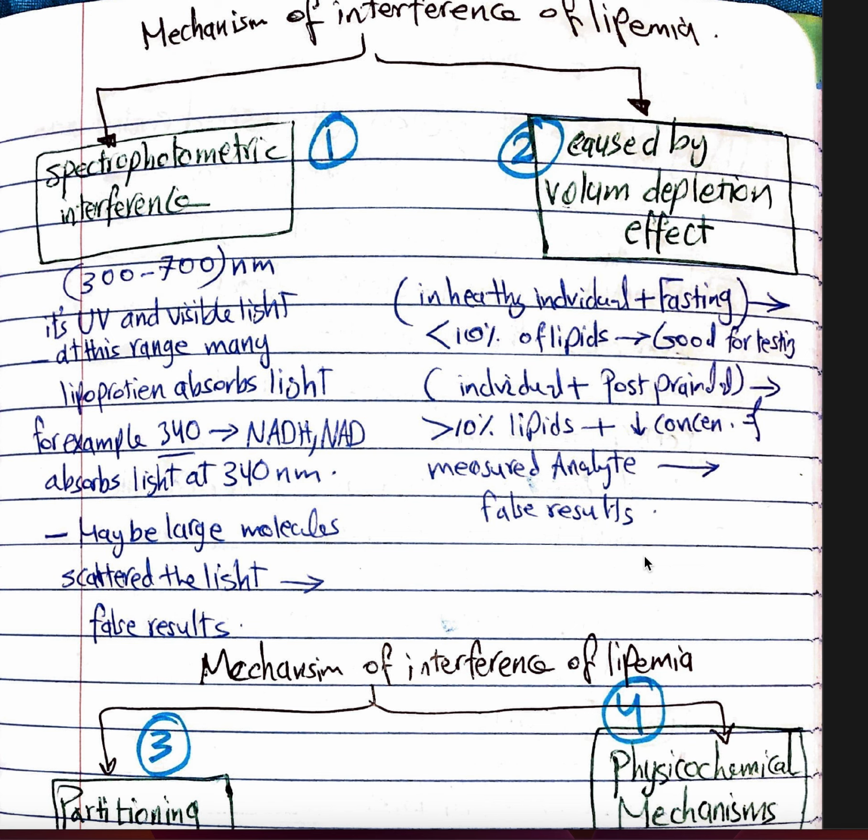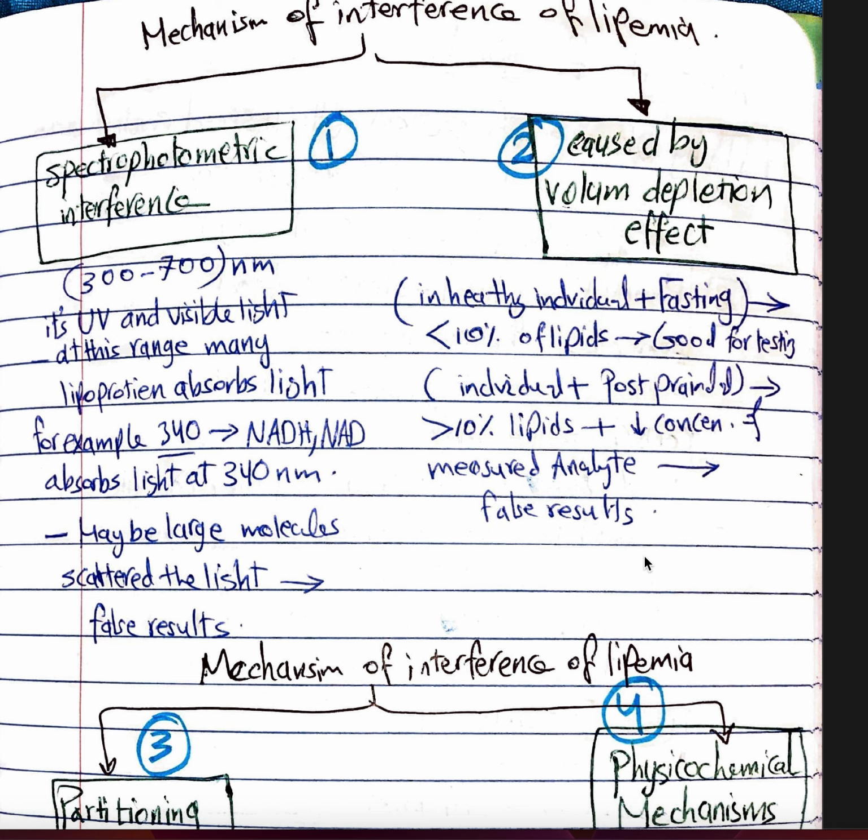We can explain it like this: a healthy fasting individual decreases the lipid by 10%, or the decrease is less than 10%, but a postprandial individual increases the lipid by more than 10%, so that leads to a decrease in the concentration of the measured analyte.